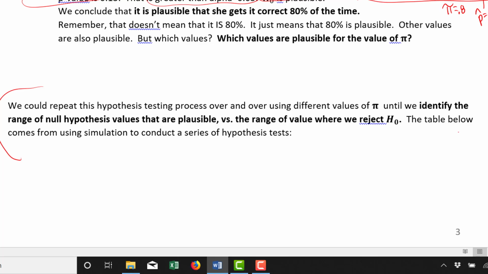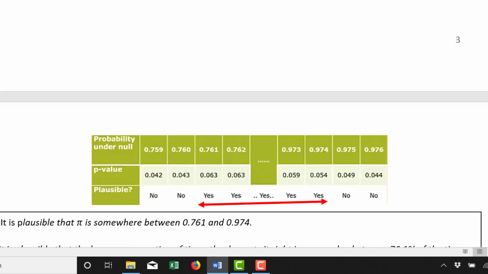And in fact, it turns out in your book, you'll see that this table is there where they already did this. They did a hypothesis test of pi equals 0.8 and found it to be plausible. The book actually went through and did a hypothesis test where they tested pi equals 0.761 and pi equals 0.762 and pi equals 0.763 and so forth up to pi equals 0.973 and 0.974.